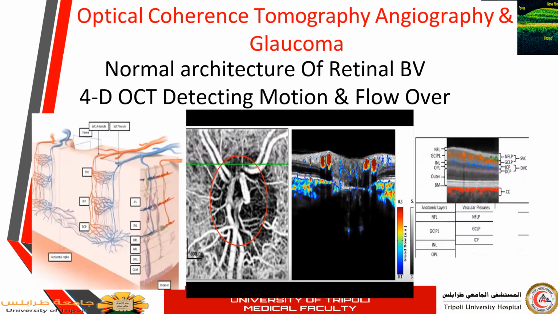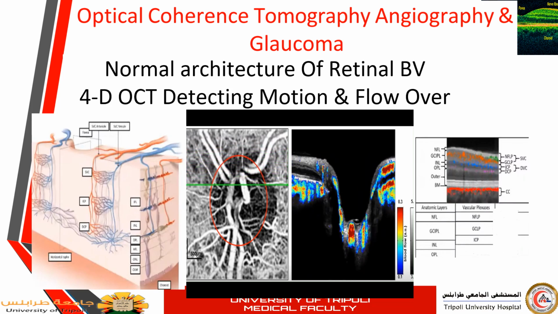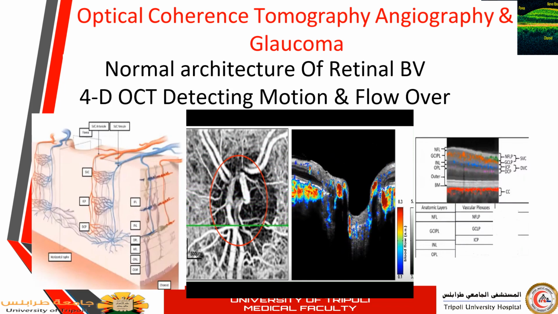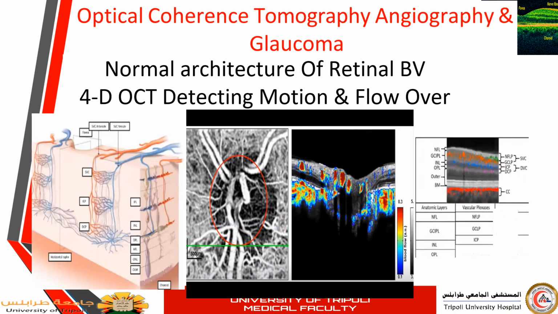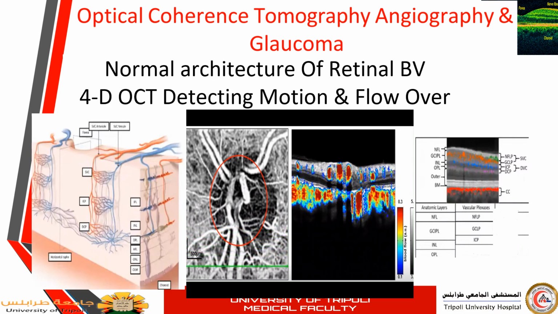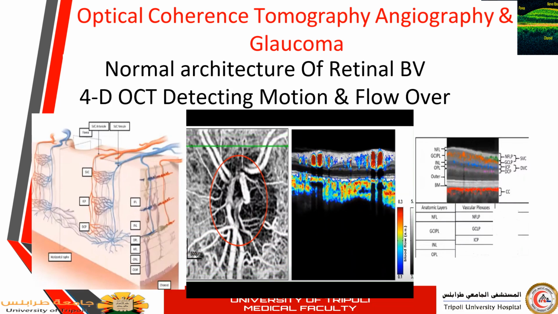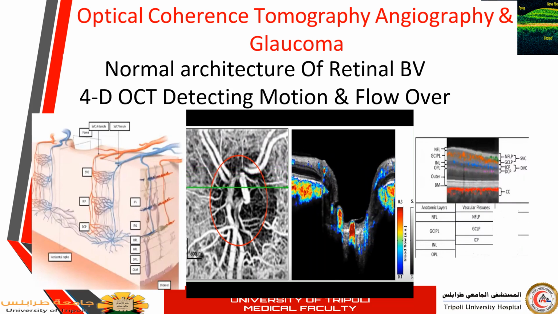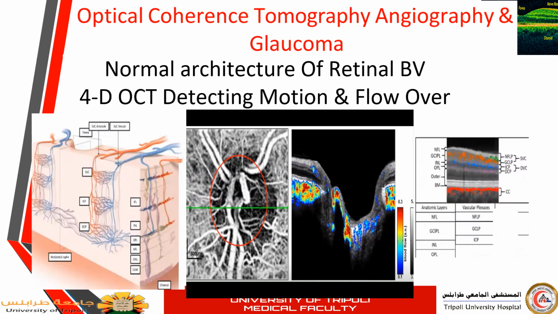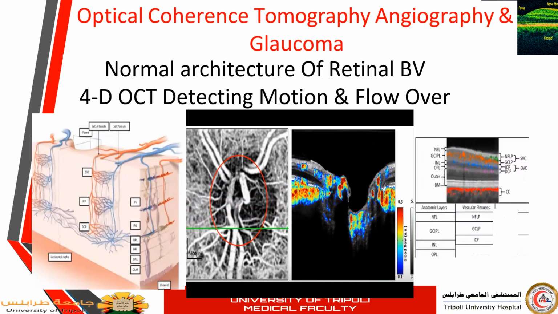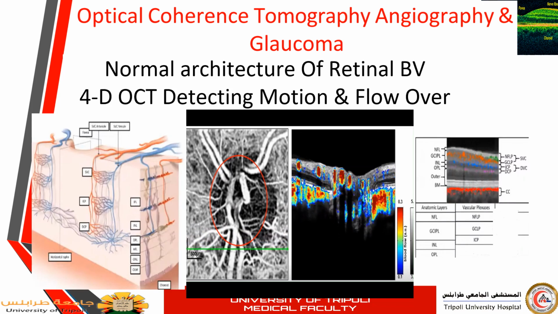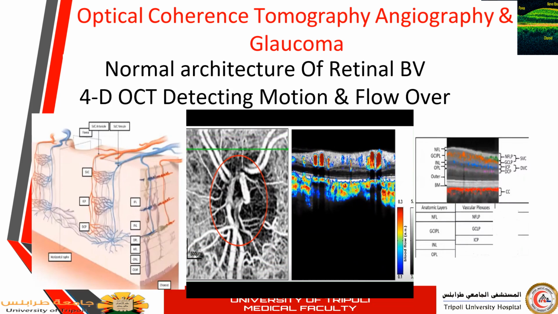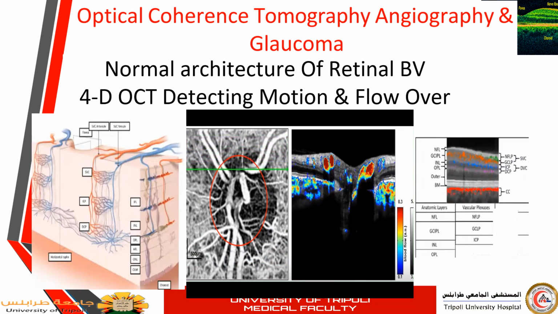The superficial components mainly extend within the nerve fiber layer and the ganglion cell layer, and the intermediate capillary plexus extends from the inner nuclear layer to the outer plexiform layer, and the deep capillary plexus from the outer plexiform layer to the outer nuclear layer. And the outer retina is usually avascular because it is nearby to the choroid and receives its nutrition from the choroid.